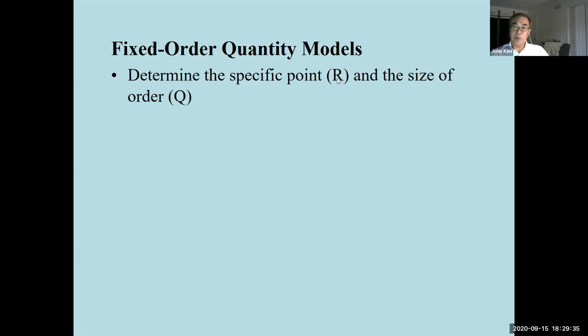Our textbook denotes this reorder point as ROP, but I denote just R, reorder point. And the order size is Q. So using this model, we decide when we place an order and what the order amount, quantity, is.